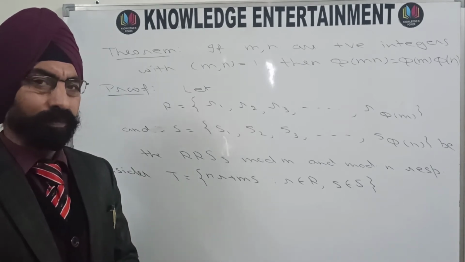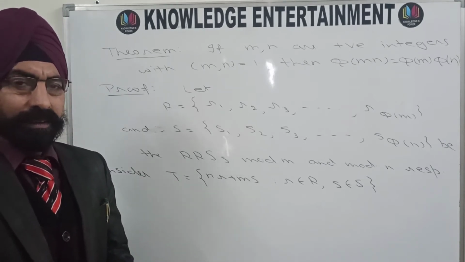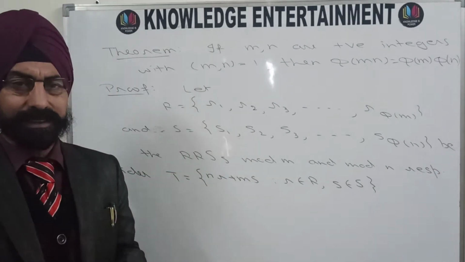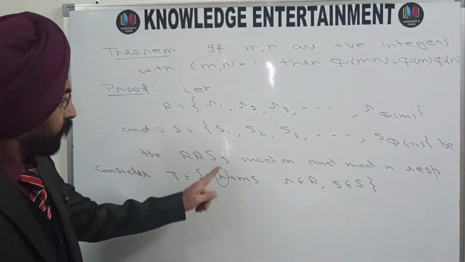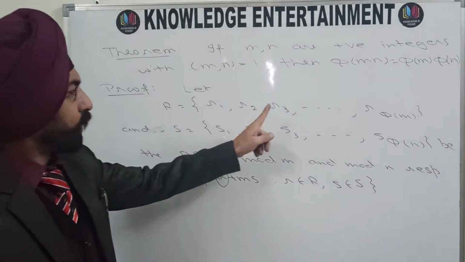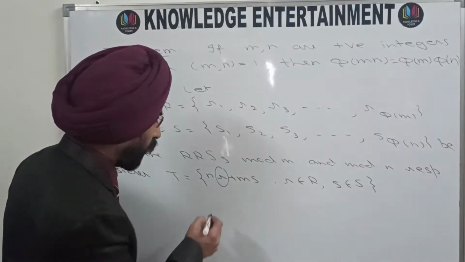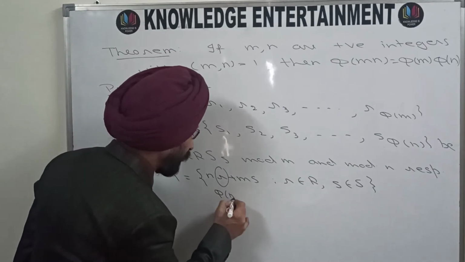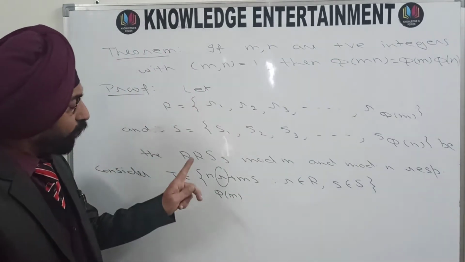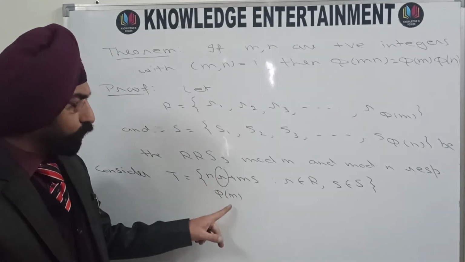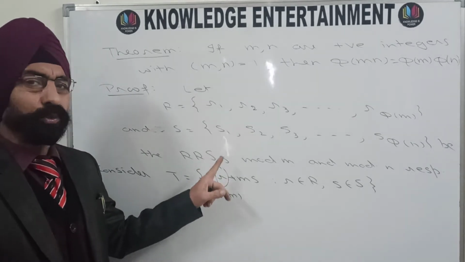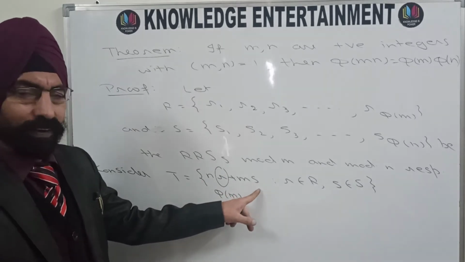This we will show. And then how many members are here? How many choices for r are you having? So you are having R1, R2, R3, R phi(m). So how many choices are there? Phi(m) choices are there. And for each choice of r, suppose you have taken r to be R1, how many choices of s are there?